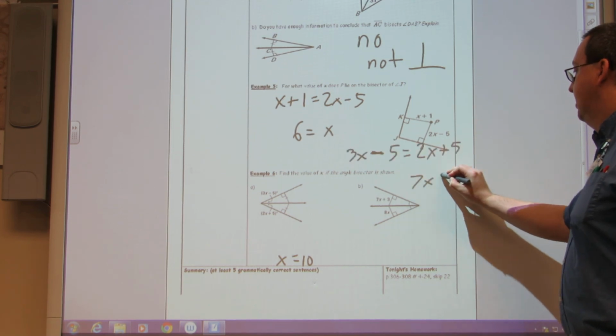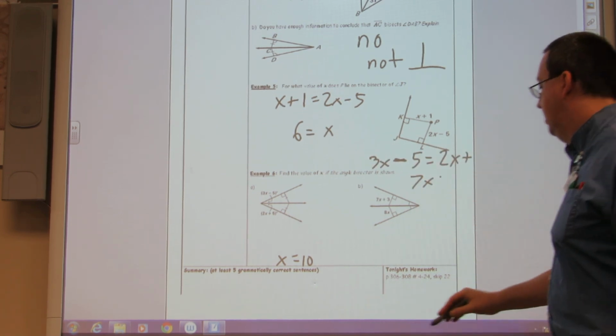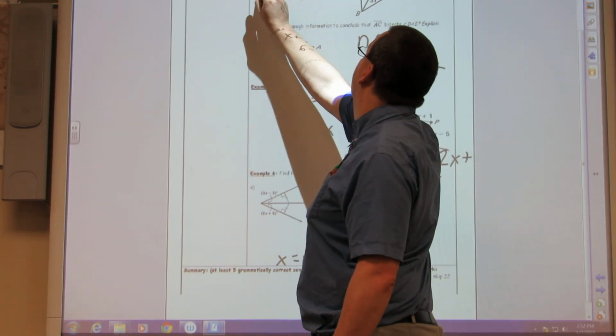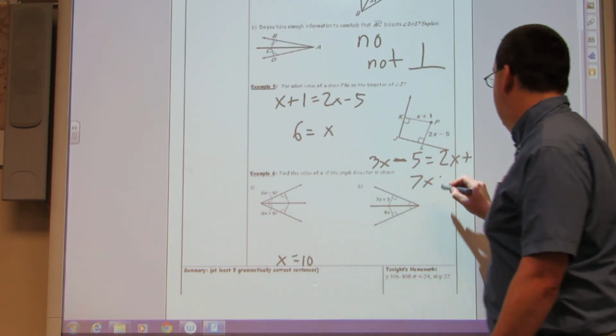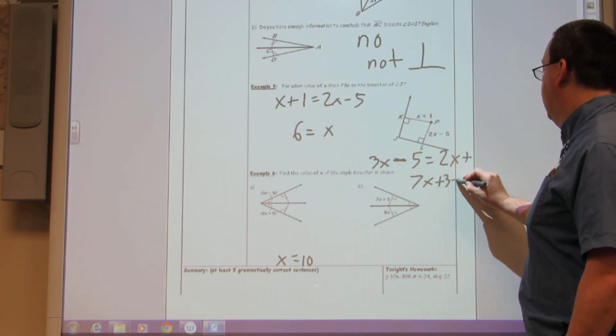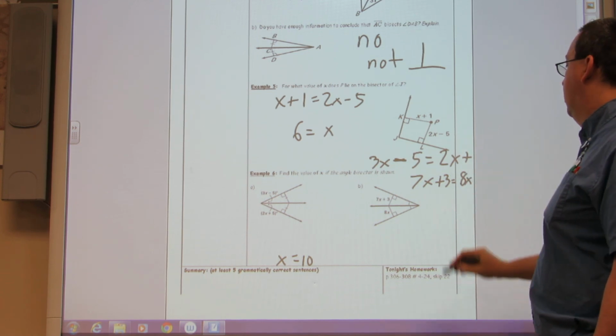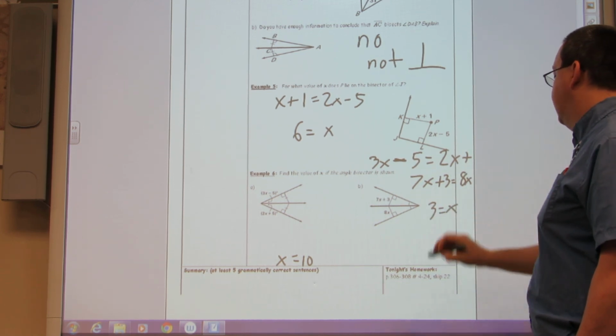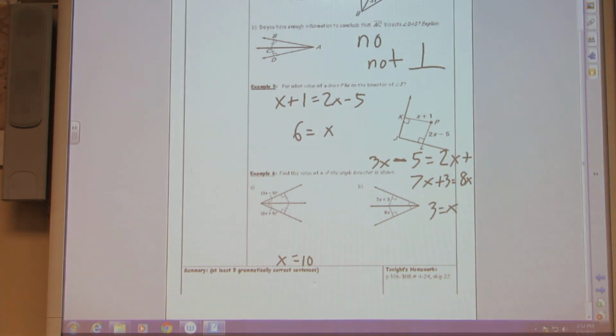B, the sides are equal. So I solve this, x is 3. Again, if they ask for side length or angle measure, you want to make sure you plug in.